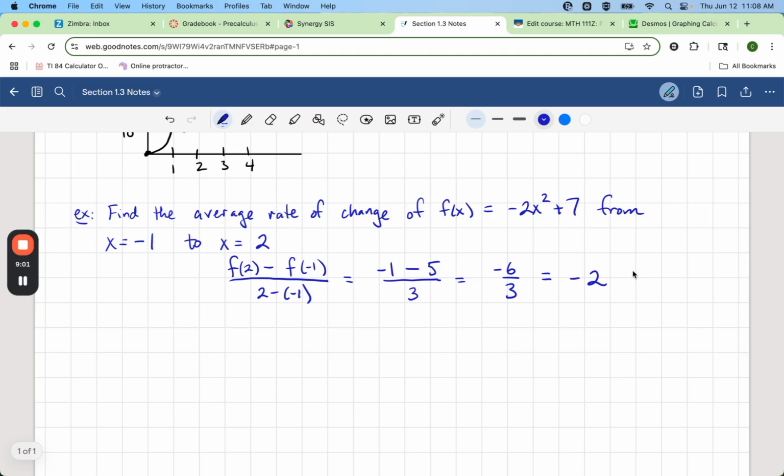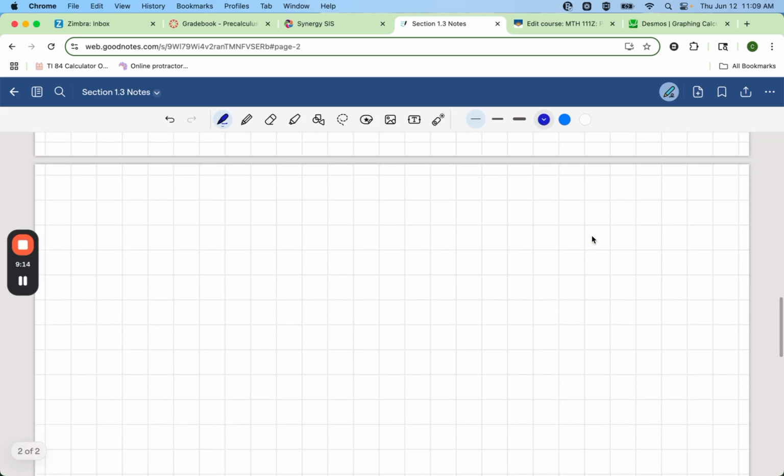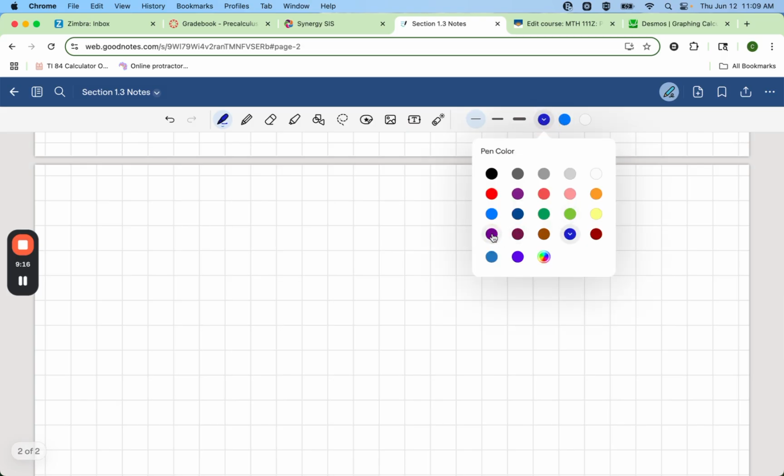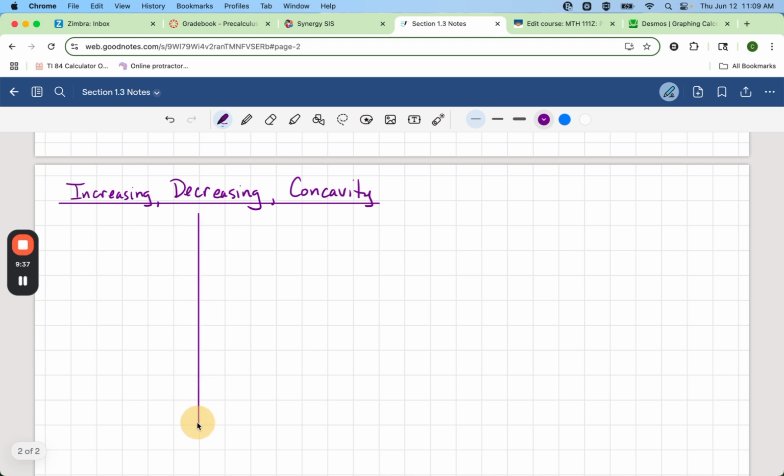Okay, now let's talk about the other part of this lesson, the increasing, decreasing, and concavity. So here I'm just going to draw some graph.